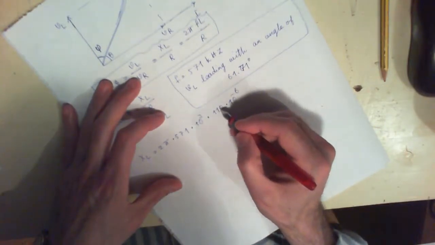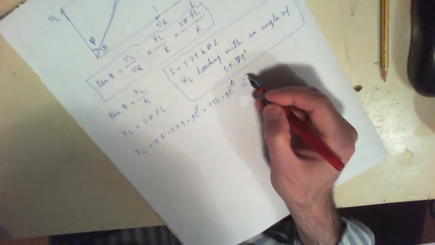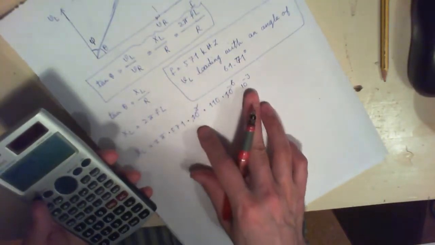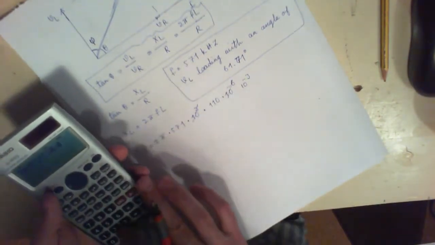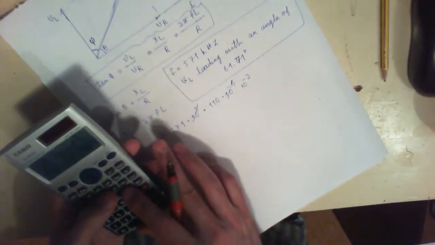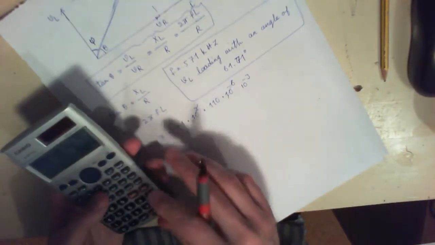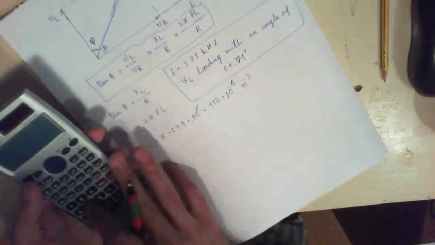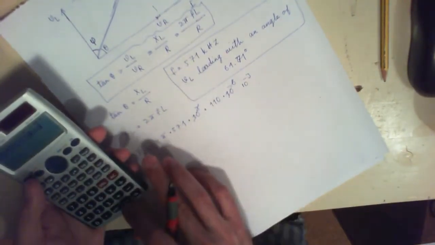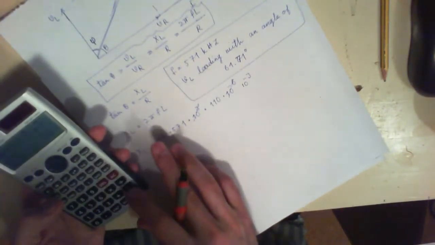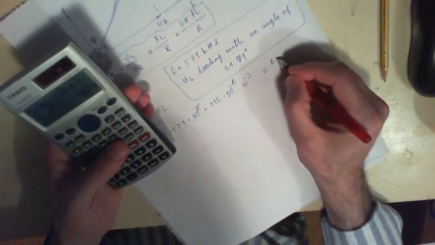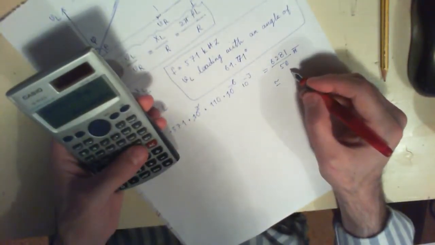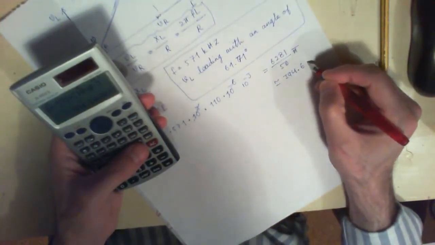You can simplify this a little bit: 10 raised to power negative 3, and that would be equal to 2 pi times 571 times 110 times 10 raised to power negative 3, which is 6281 divided by 50 pi, approximately 394.6 ohm.